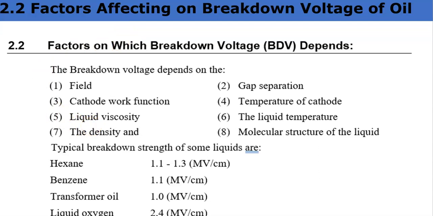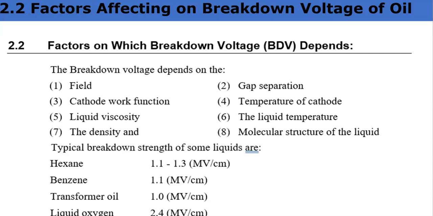But here again one factor we have to consider, temperature. If it is viscous, then another effect is cooling. If I say the viscosity should be too high, it should be viscous, so that the mobility of electrons or ions should be very less, breakdown should not happen earlier.